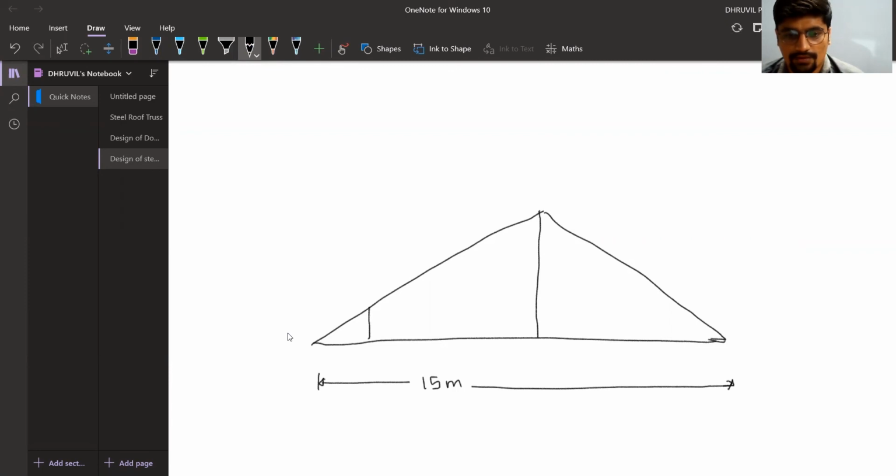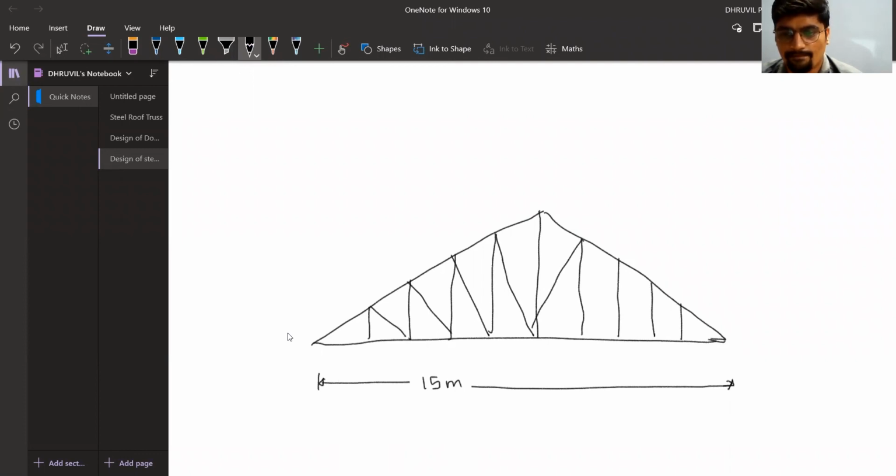So this becomes 1, 2, 3, 4, 5, 6, 7, 8, 9 and 10. They all will be connected like this to each joint. This between is the rise.